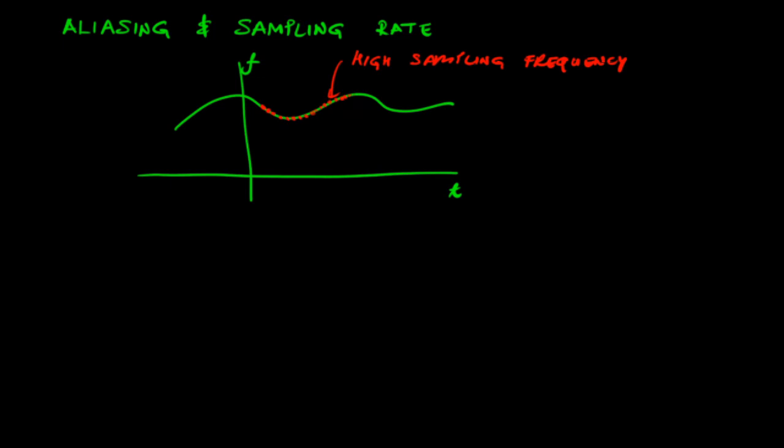Now, a lower sampling frequency can certainly be achieved with economical equipment. However, low sampling frequency can lead to errors. To understand what kind of problem we may have, let's consider a continuous signal, sine 8 pi t, that is sine of 2 pi times 4t.